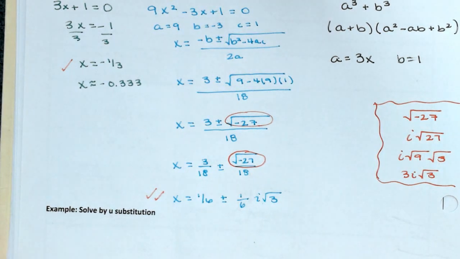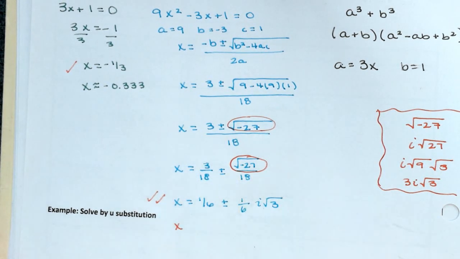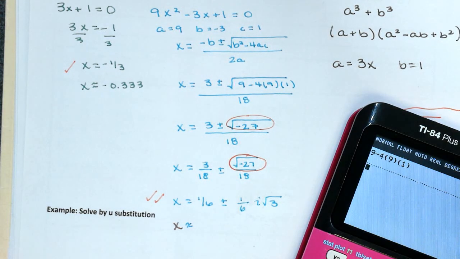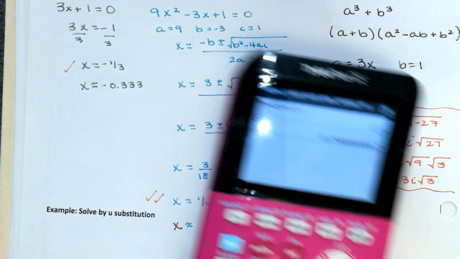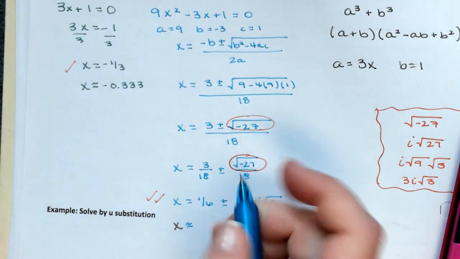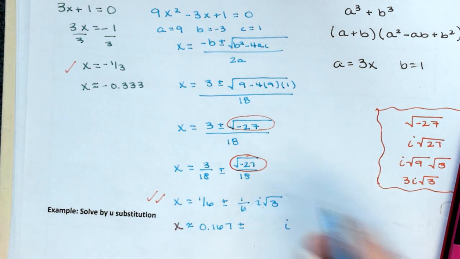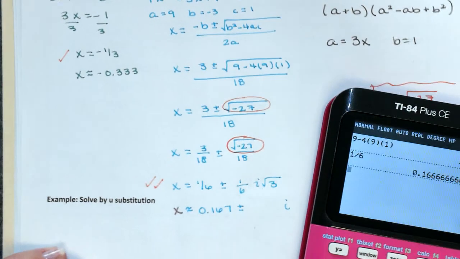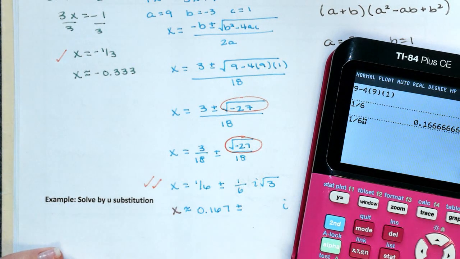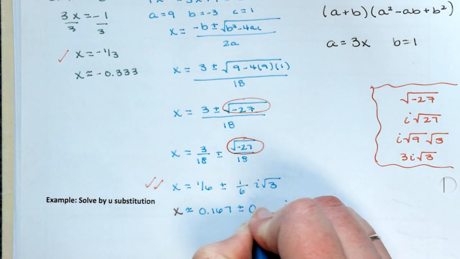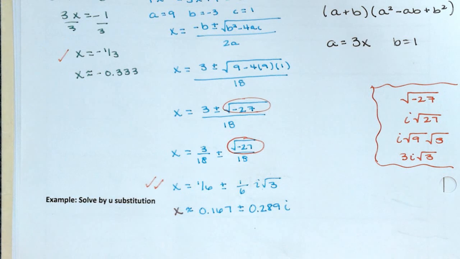If I had to write the approximate, I'd write x is approximately 1/6, which is 0.167, plus or minus. I know this is something i, but I can't type i into my calculator, so I'm going to type 1/6 times the square root of 3 into my calculator. 0.289 i.